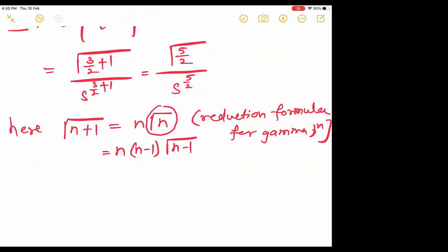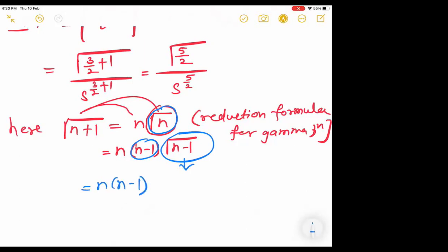This is n plus 1 when it is there. 1 is subtracted and written as n gamma n. Okay. So I want the answer for gamma n. Means again 1 should be subtracted from that, and you can write down. So gamma n answer I can put it as n minus 1 into gamma n minus 1. Again, gamma n minus 1 can be put as n into n minus 1 into n minus 2 gamma n minus 2. Are you following?